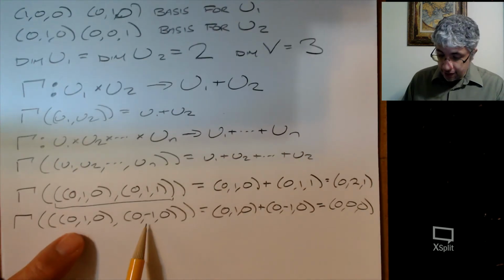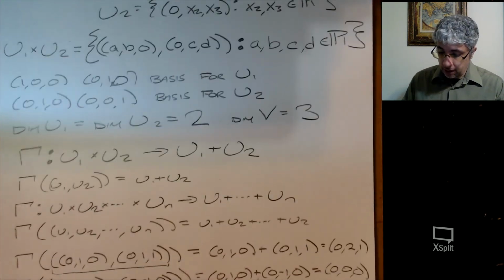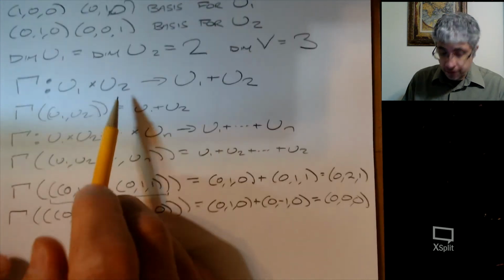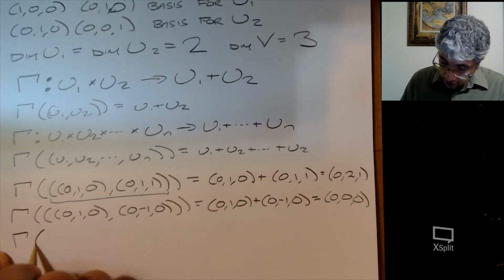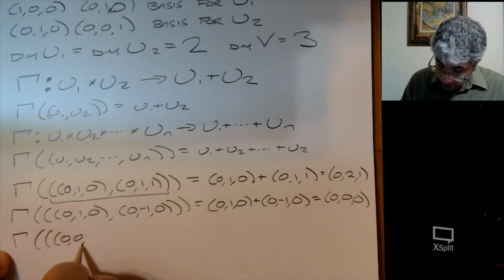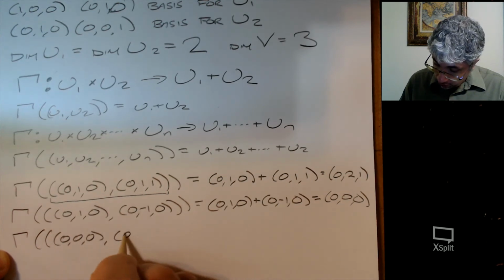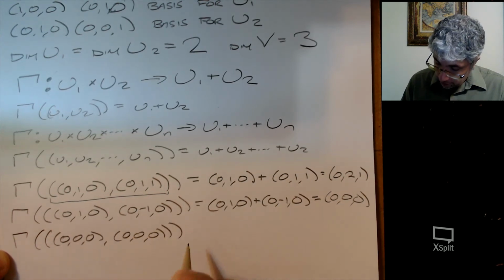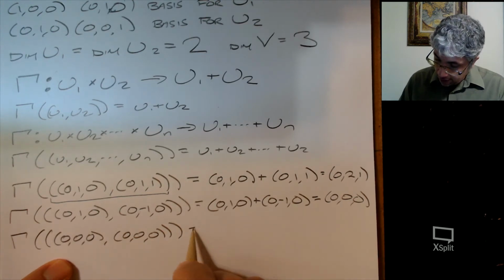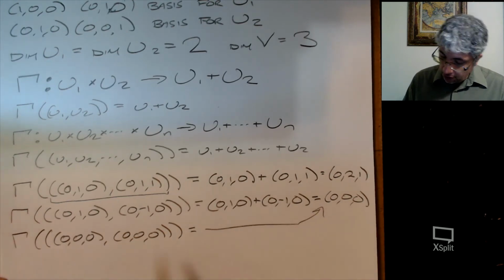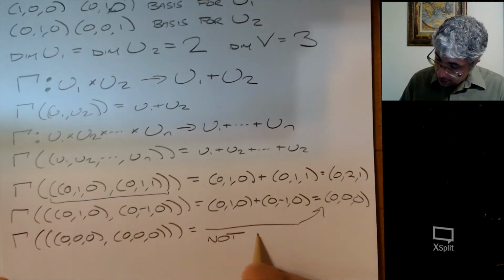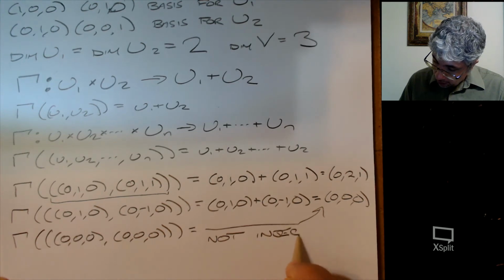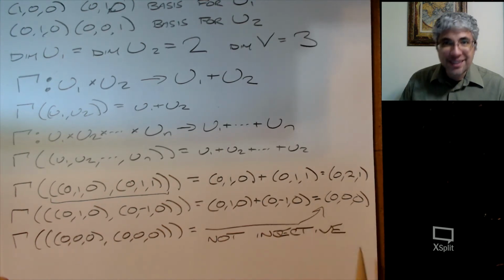And this is not 0 in U1 crossed U2. So what else do I know? Well, what is the 0 in U1 crossed with U2? It's all zeros. That also goes to 0. So this is not injective.